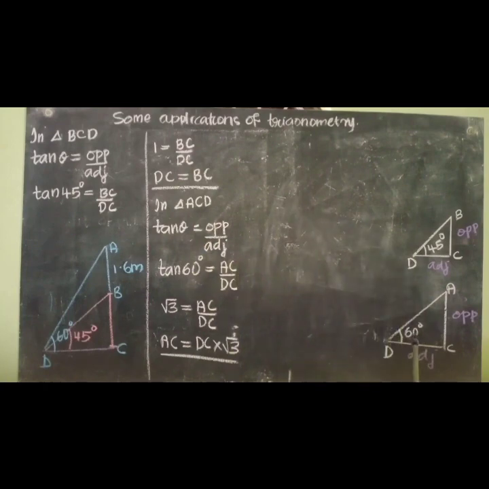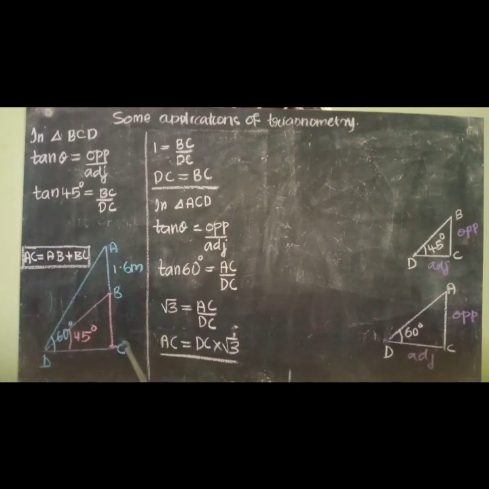Here theta equal to 60 degree. Opposite side is AC. Adjacent side is DC. So tan 60 degree equal to AC by DC. Tan 60 degree is root 3. So we get root 3 equal to AC by DC. Cross multiplying, we get AC equal to DC into root 3.